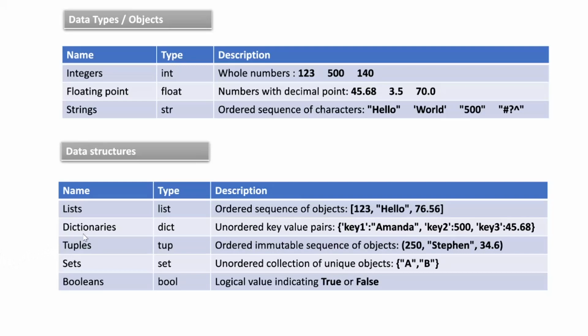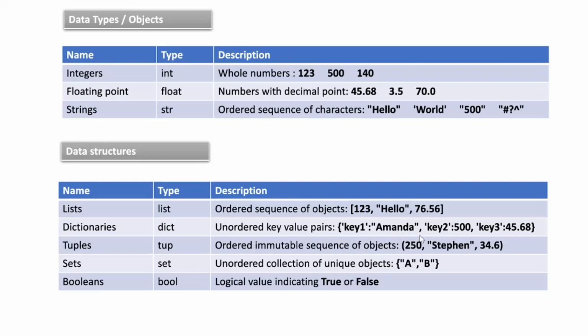Then the second type of data structure is dictionaries. Internally they are represented as dict in Python. They are unordered key value pairs. We have the first key value pair, that is key 1 enclosed in single quotation, followed by a colon, and followed by a string in double quotation, that is Amanda.